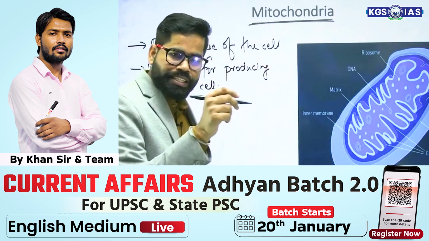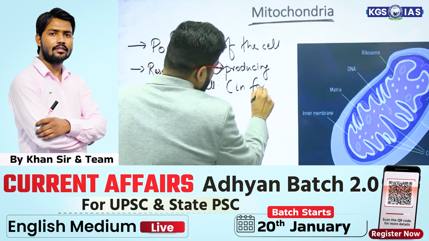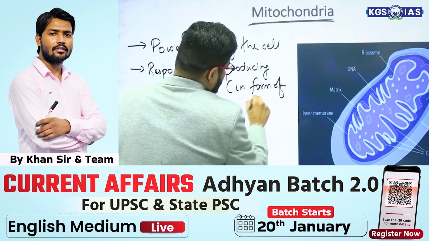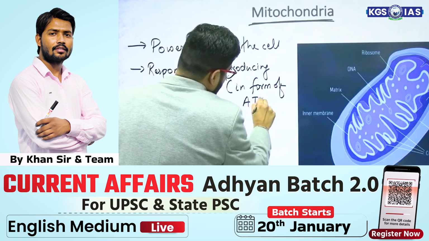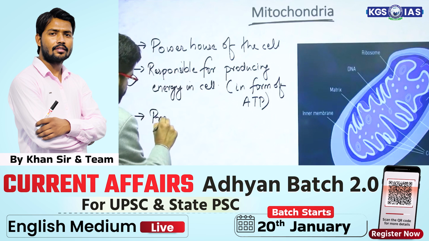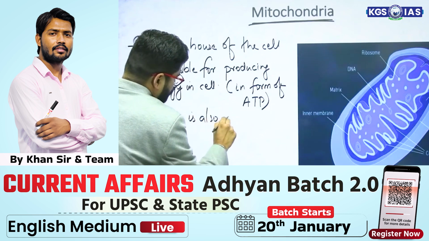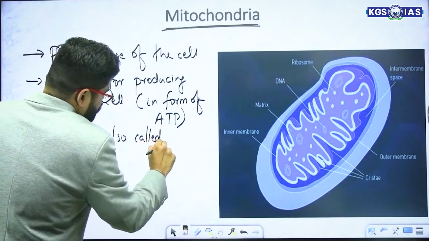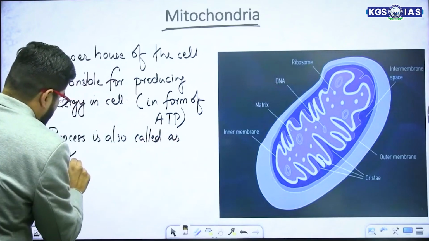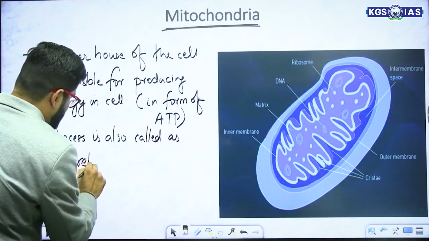It produces that energy in the form of ATP. And the process is also called Krebs cycle.